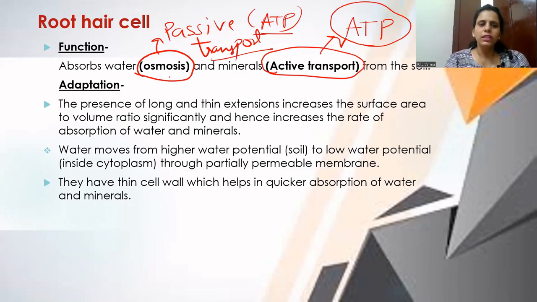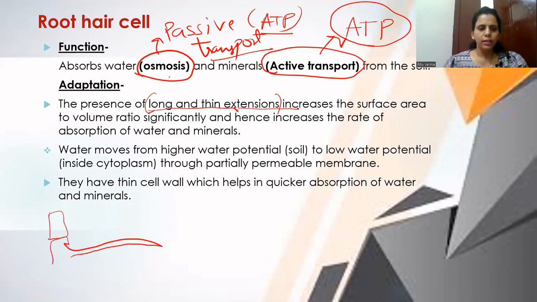Now what are the adaptations of these root hair cells? The first adaptation is the presence of long and thin extensions. These long and thin extensions increase the surface area of the root hair cell for the absorption of water and minerals. For example, you have one cell like this, and a second epidermal cell which has a long and thin root hair. The first cell at one particular time will absorb only so many mineral ions or so much water.